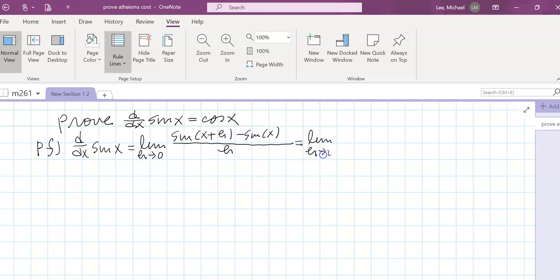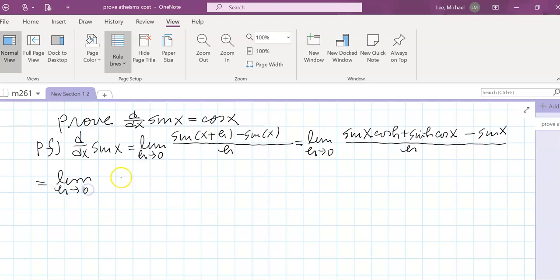Limit as h approaches 0 of sine x cosine h plus sine h cosine x minus sine x.